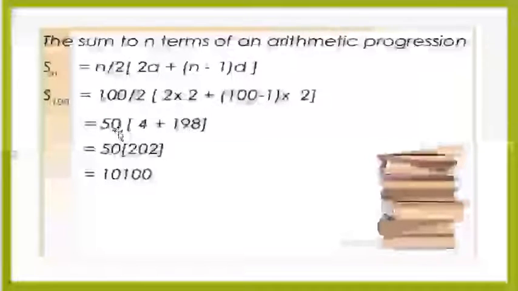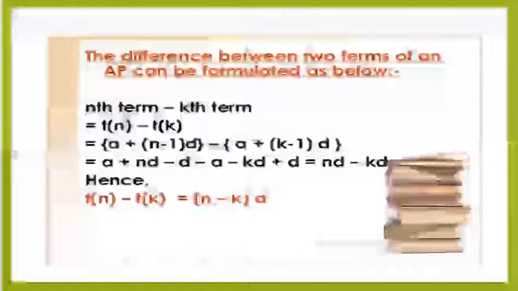By solving this, 50 into bracket 4 plus 198, 50 into 202, the multiplication of both is 10,100. We can find the answer in this way. So this is most important.